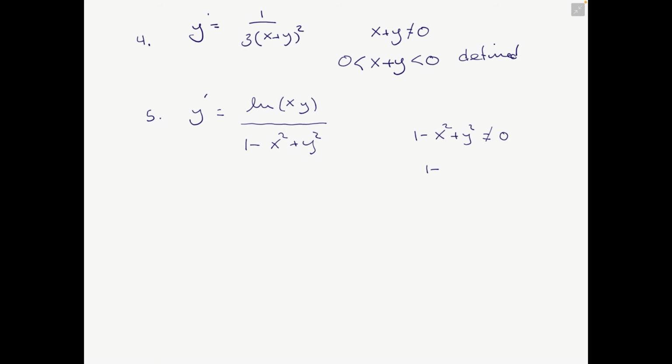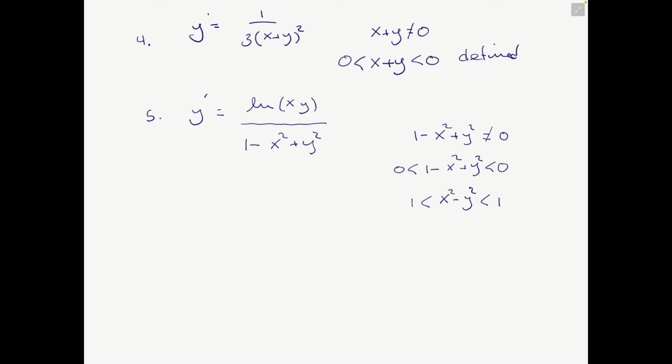So we have 1 minus x squared plus y squared less than 0, greater than 0. Or we could do it x squared minus y squared is less than 1 or greater than 1. We could do it that way.